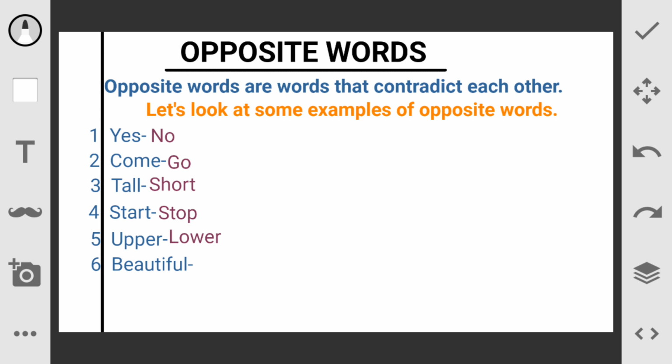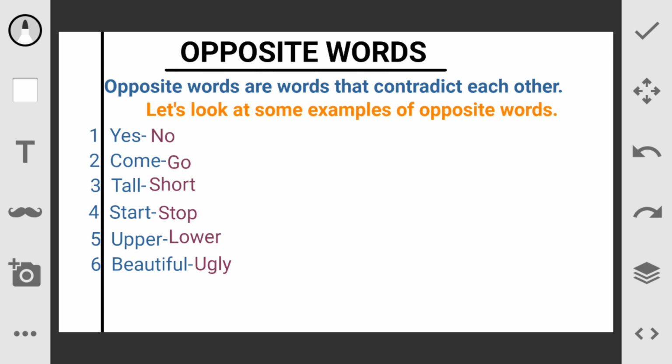What word contradicts beautiful? Ugly. When something is not beautiful, it is ugly. However, we don't use this word for our fellow human beings or to comment on somebody's property because it tends to be harsh. Just to increase your vocabulary, ugly is the opposite of beautiful.